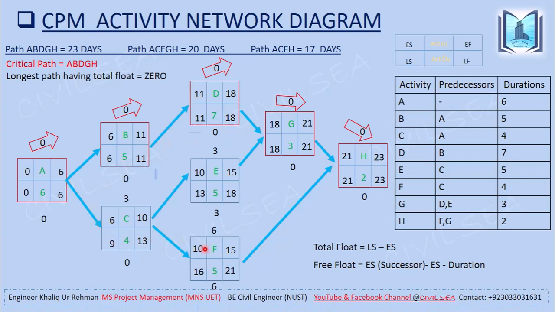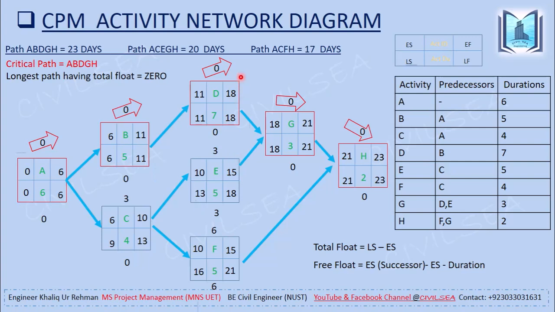Here you can see that 6 plus 4 is the early finish of activity C. Now there are two successor activities of activity C, E and F. So this 10 will move to both E and F and become the early start of both activities. So 10 plus 5 is equal to 15. That becomes the early finish of activity E.